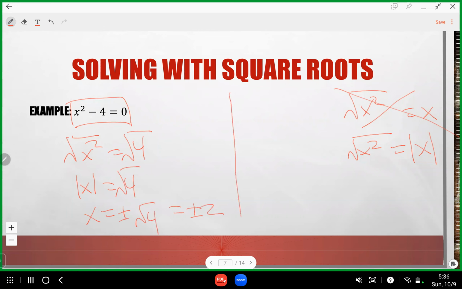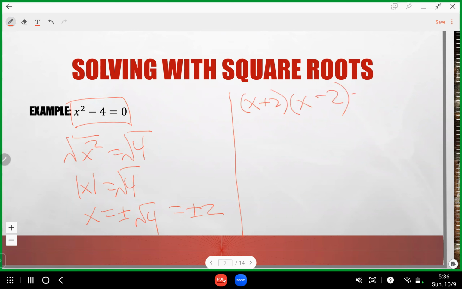The answer is plus minus 2. Now let me just quickly show you some other methods. For example, you could factor with difference of squares. So hopefully you guys have not forgotten difference of squares yet. Very important. You can then get -2 and 2 as your roots. You could also use the quadratic formula.